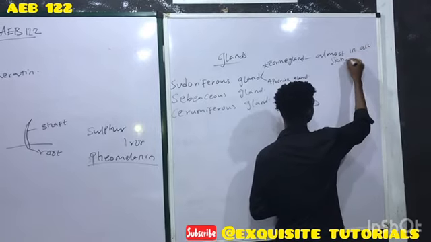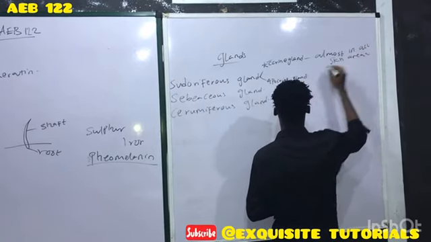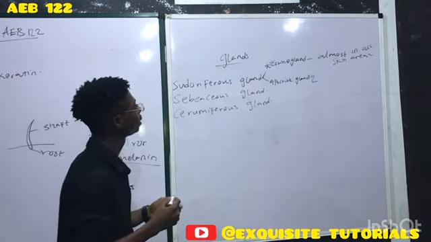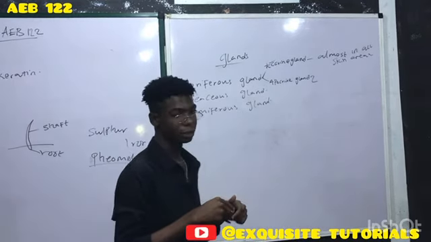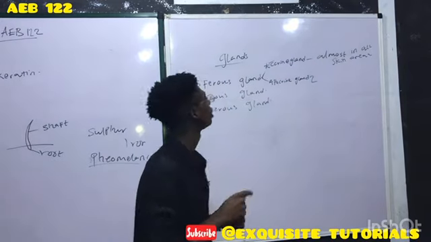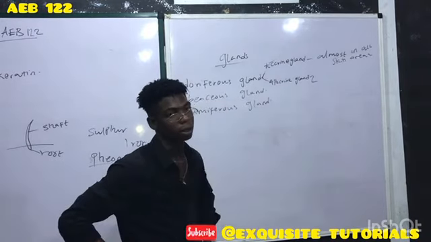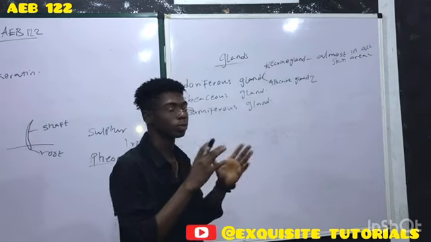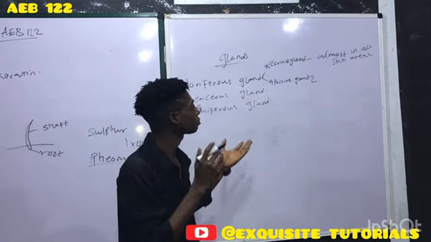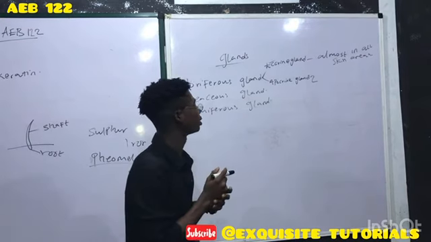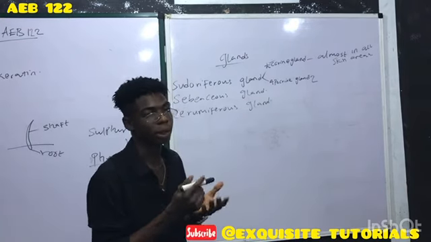Almost in all skin areas. Okay, now the apocrine gland. I said that they are almost the same thing, but they differ in just a little bit. These ones are not as plentiful as the eccrine gland. They are found in some reserved areas like the armpits, the groins, and some genital areas of the body. They secrete a milky fluid.